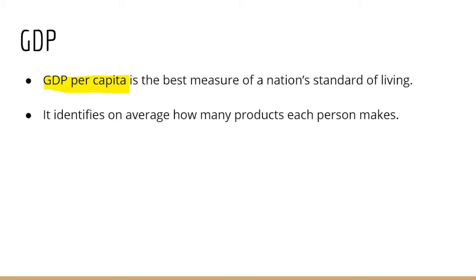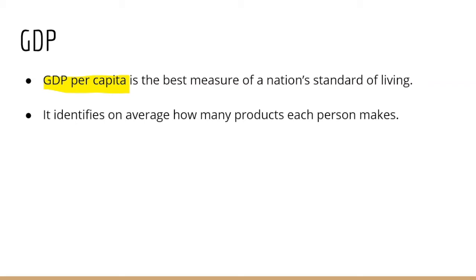GDP per capita is the best measure of a nation's standard of living. The higher the GDP per capita, the better off the citizens of that country are. The number we get identifies, on average, how many dollars worth of products each individual citizen makes.